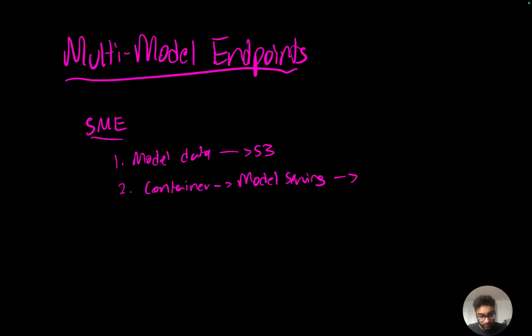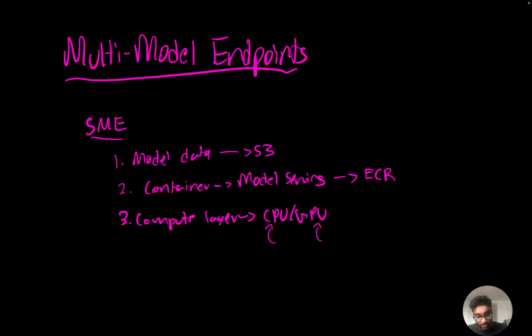But as we remember, this container image, whether you're bringing your own or if you're using one of the managed available images, which is what we recommend, it's stored in ECR. Then three, there's the compute layer, which is just the hardware, right? So there might be CPUs or GPU-based instances. For MME specifically, we'll explore CPU in this use case.